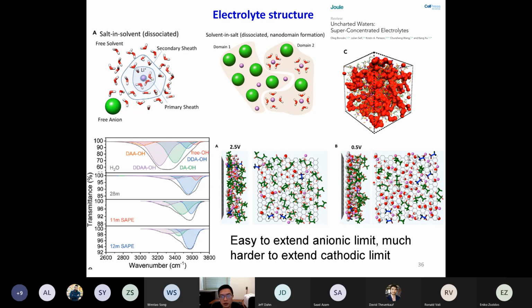So at some level, you can claim that it is some kind of nanoscale phase separation in this electrolyte. So does it make any sense? Okay, thank you. Yeah, thanks.